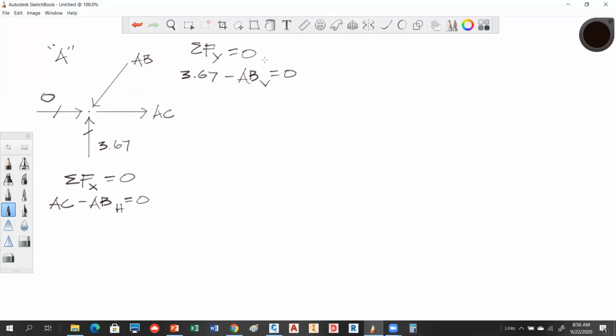Can we solve AB vert? Can we solve AB vert, Jacob? Yeah, wouldn't it just be, I guess, negative 3.67? Yep, but actually the negative will be on the same side, so what does that tell you? Positive. Yep, so what that means is we indicated the right direction, okay?